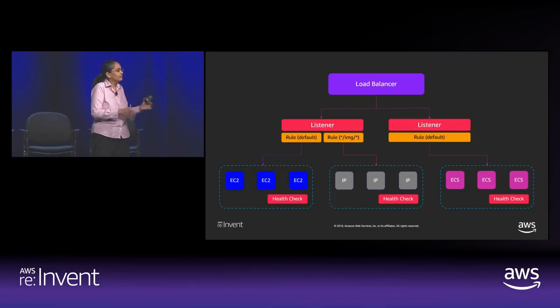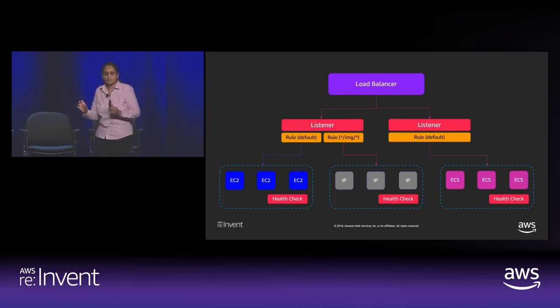You can have up to 100 target groups per load balancer and 3,000 targets inside a target group. All of these are soft limits. Most of your architectures and applications should fit in these limits, but if you have any architectures that go beyond these limits, these are all soft limits. So please talk to us, and we can see how we can increase those limits for you.